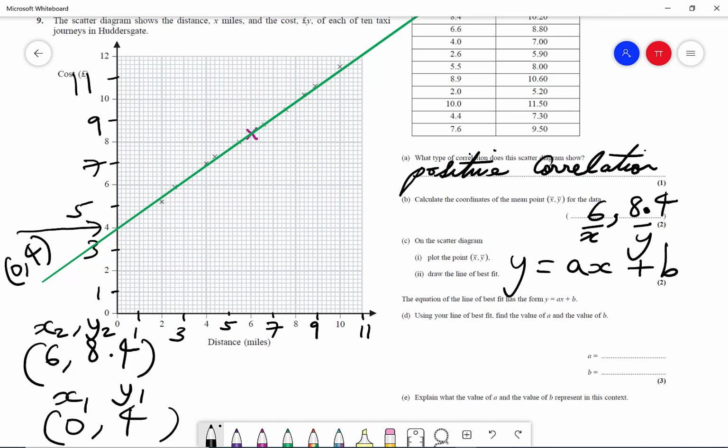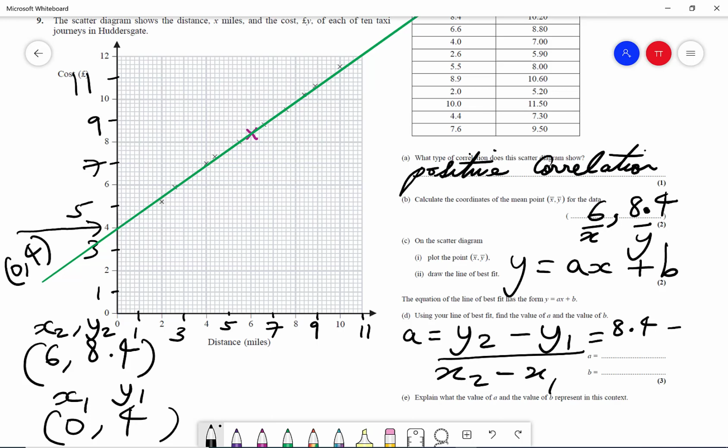And the formula to work out a, the gradient, is going to be y2 minus y1 over x2 minus x1. So in our case, it's going to be 8.4 minus 4 divided by 6 minus 0. Now remember that if I start off with 8.4 minus 4, then on the denominator, it must be in the same order.